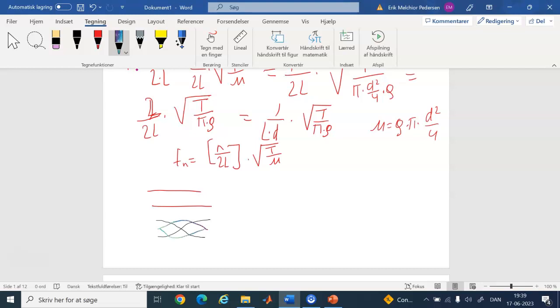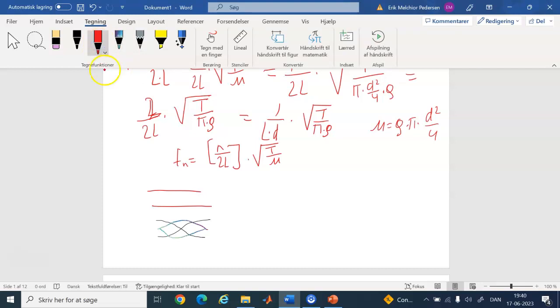A node for pressure means an antinode for motion.